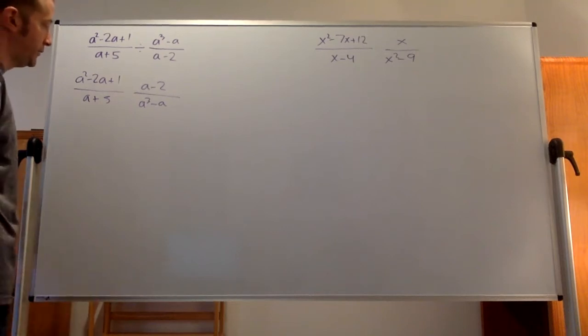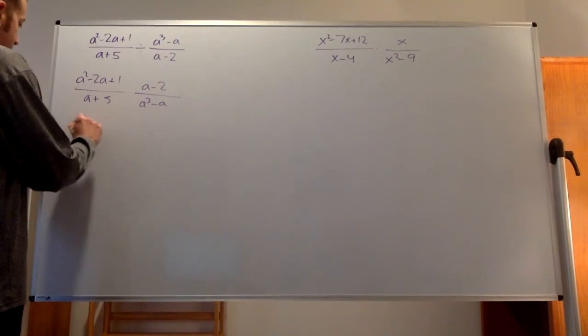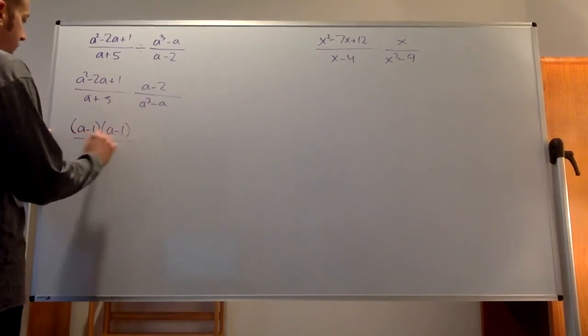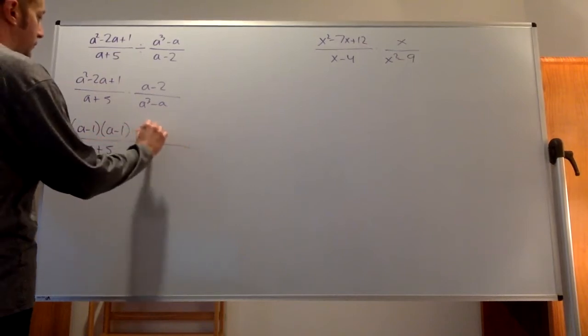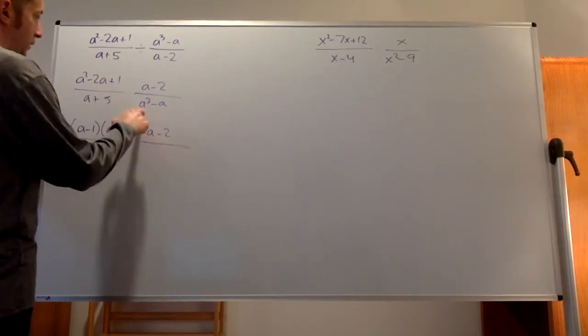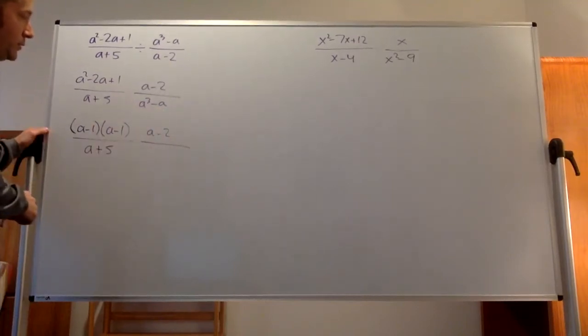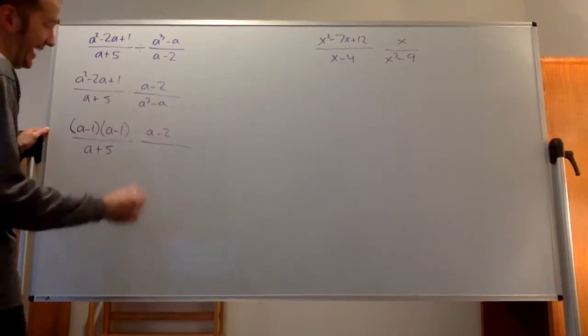Nothing obviously cancels out yet, so maybe there's some factoring I can do. And there is. See these, it's not the difference of squares or cubes, but they have a common factor of a.